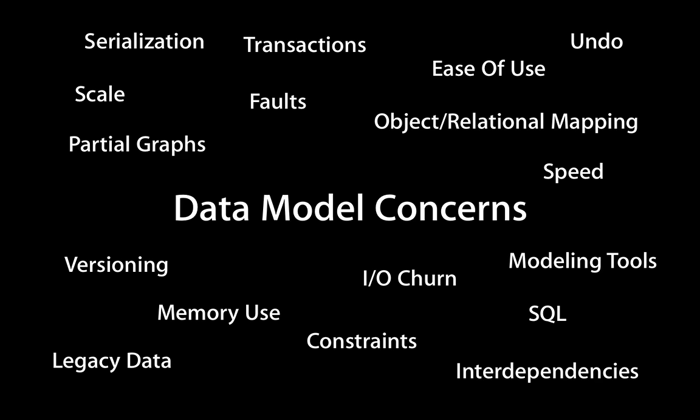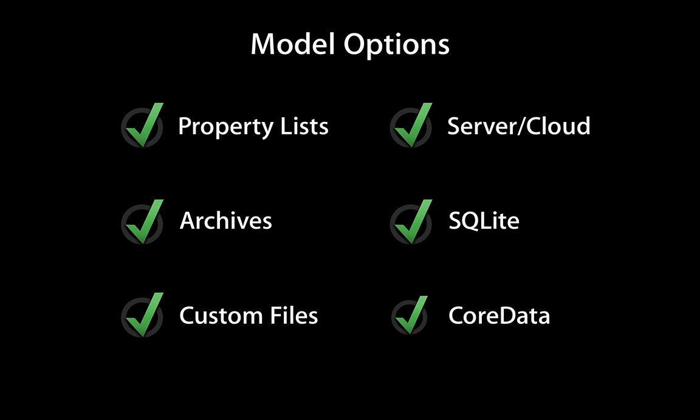Perhaps you're bringing a program over from a different platform, so you might have a large collection of legacy data already. Then there's speed and I/O and scaling and all kinds of concerns. So I'm going to give you some tips for sifting through the options that the APIs and the OS give you to find the best choice for you.